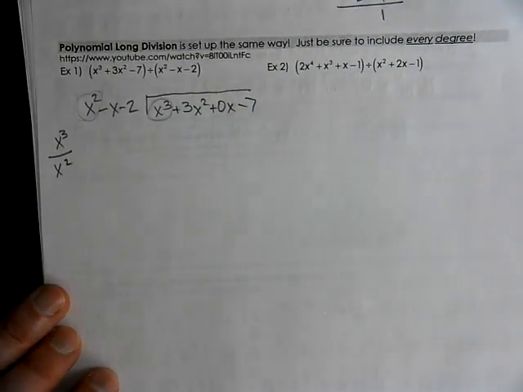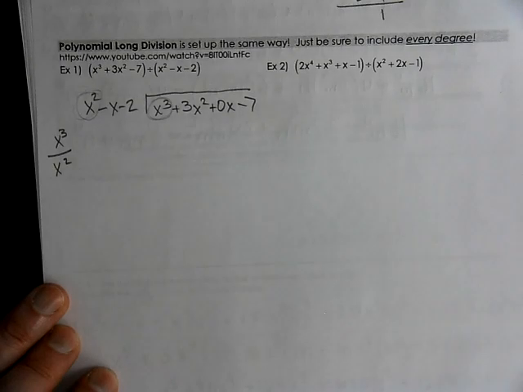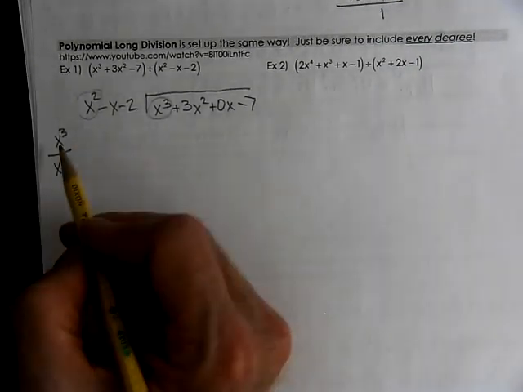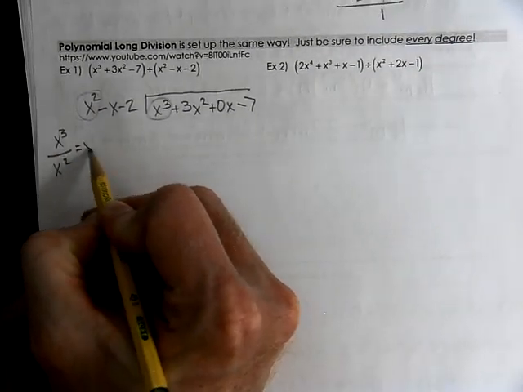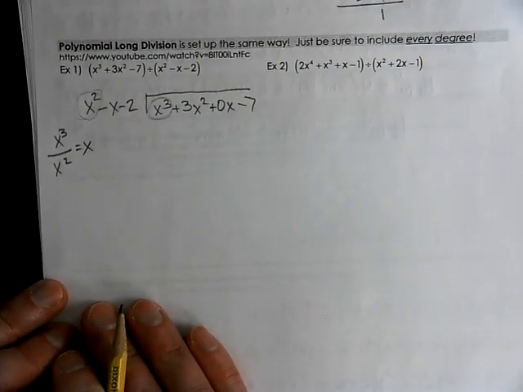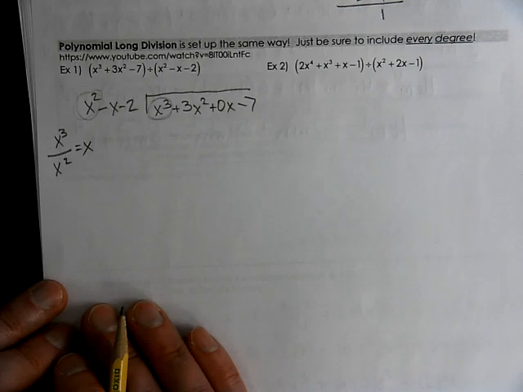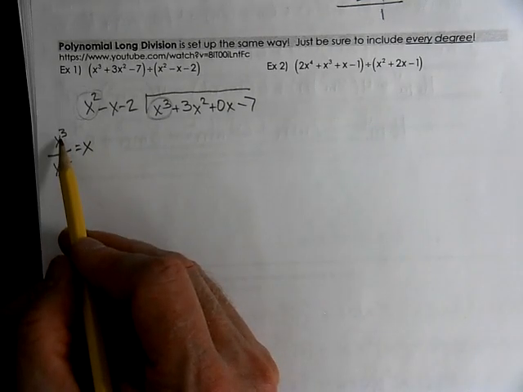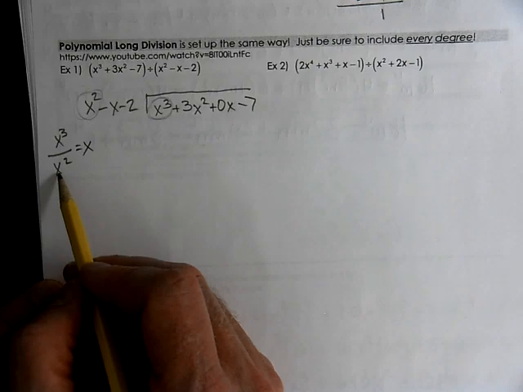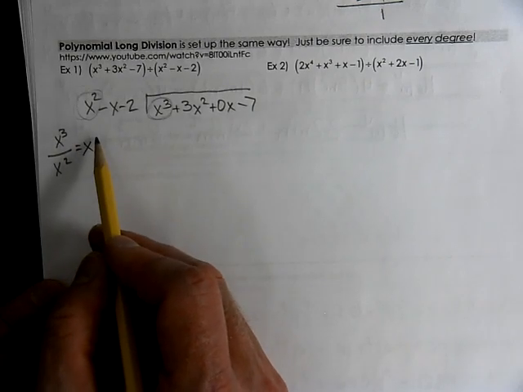So we're focusing on our cubic being divided by a quadratic. And that's going to give us x to the first power. That's going to give us a linear. As our exponent rules taught us, that's x to the first.